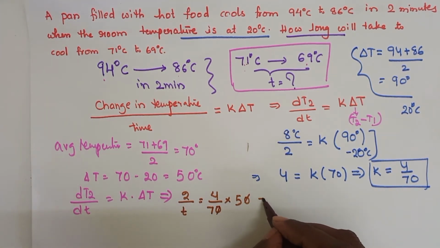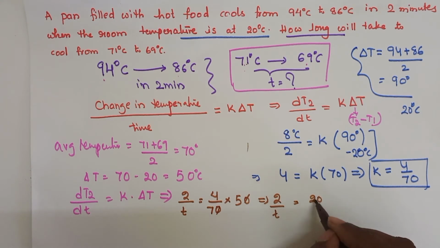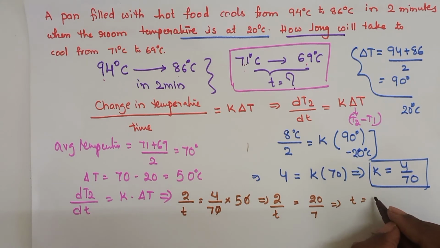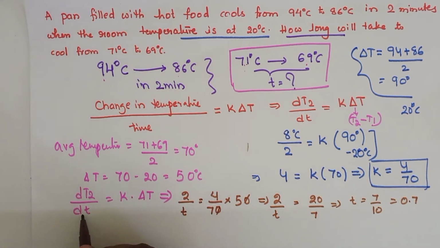So 2 by t equals 20 by 7. Now t equals 7 by 10, which is 0.7. All are taken in minutes, right?